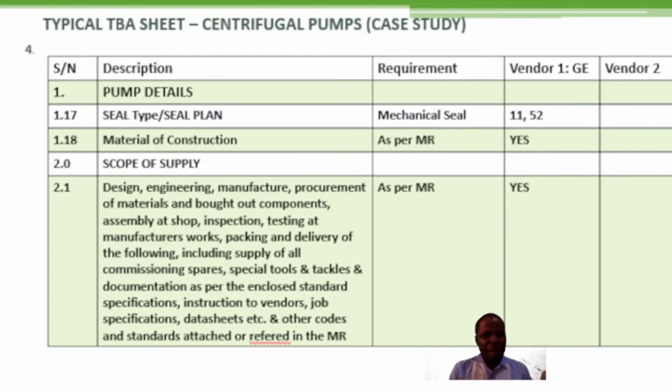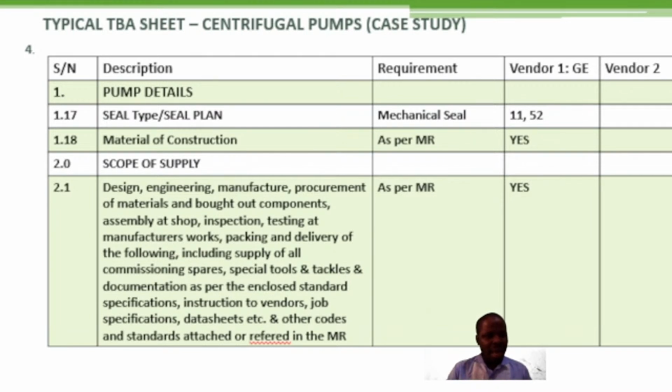So these are some of the factors the vendor provided you with on his data sheet. These are the things that you will check, which must have been stated in your MR. So is the vendor in line with what is stated as per MR? If it is yes, you will indicate yes or no with respect to the vendor.